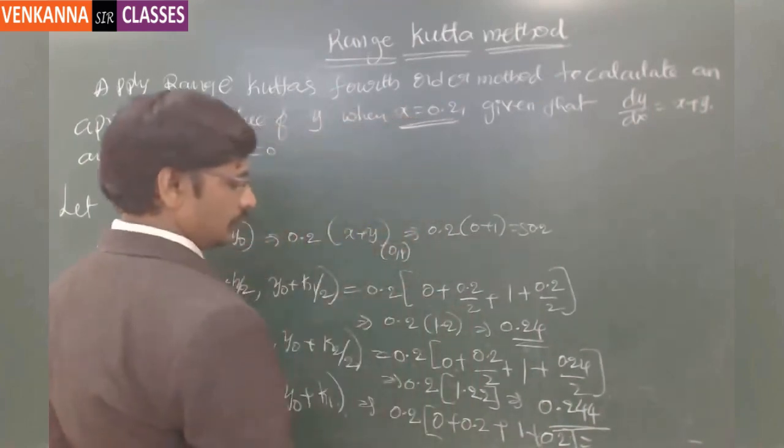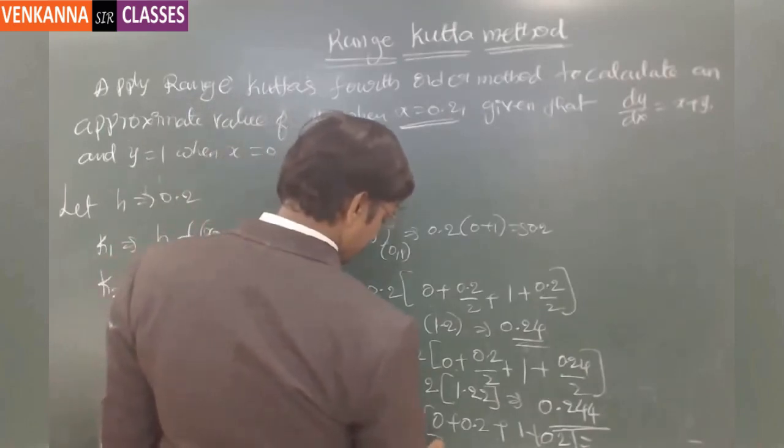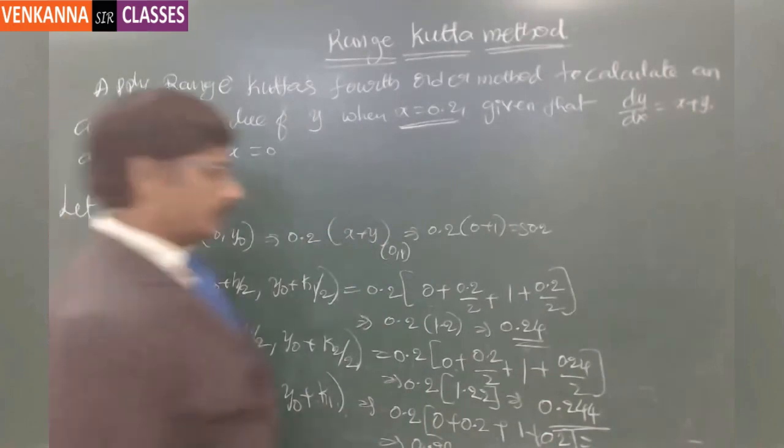So this is 1.4. 0.2 times 1.4 is 0.28. So this is the value of K4, which is 0.28. I'll write it here.